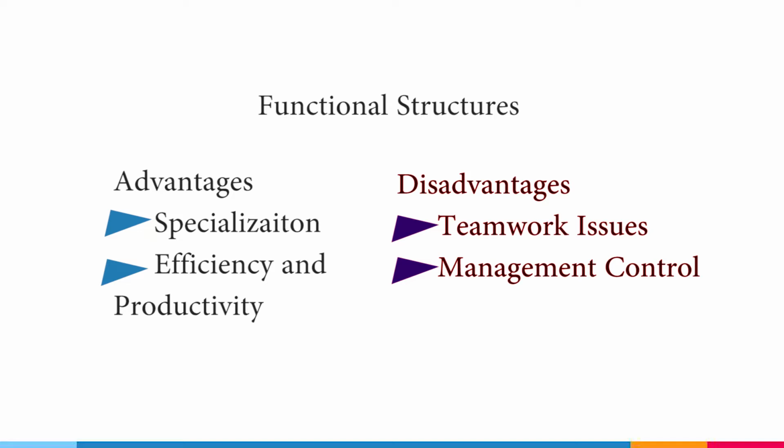Another potential disadvantage of the functional structure is that it can pose a challenge for top management to maintain control as the organization expands. As the organization gets larger and top management needs to delegate more decision-making responsibilities to each functional area, the degree of autonomy may also increase, making coordination more difficult.